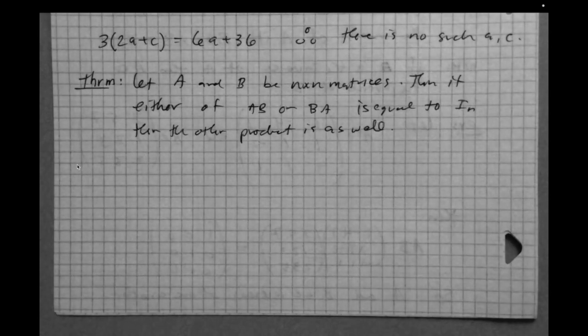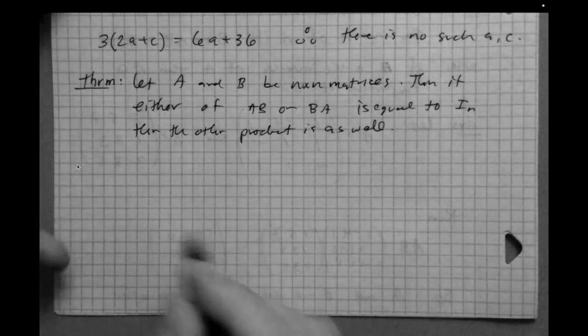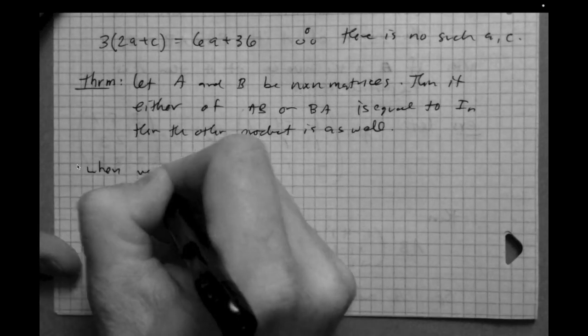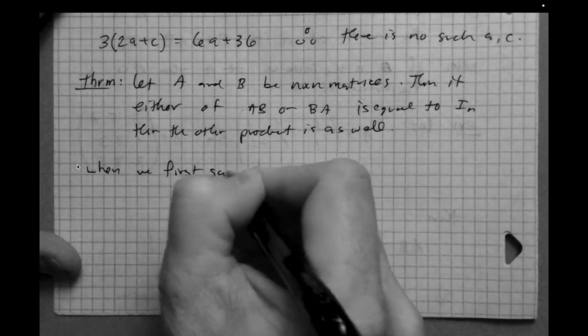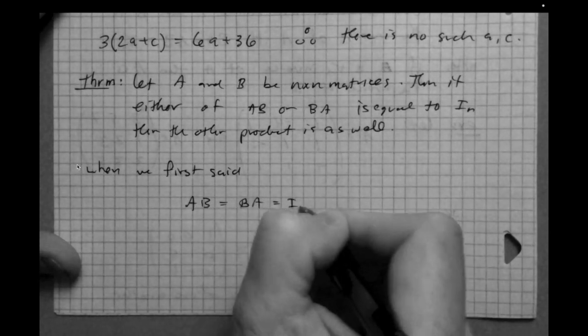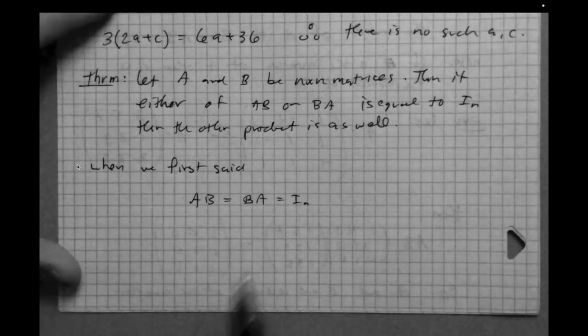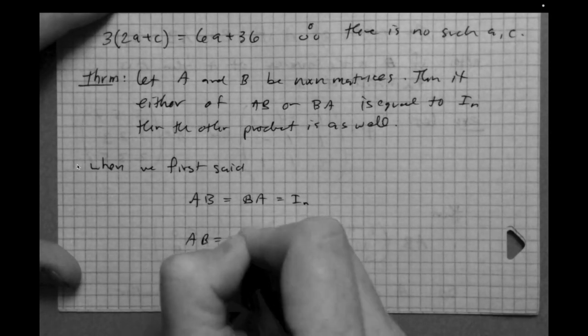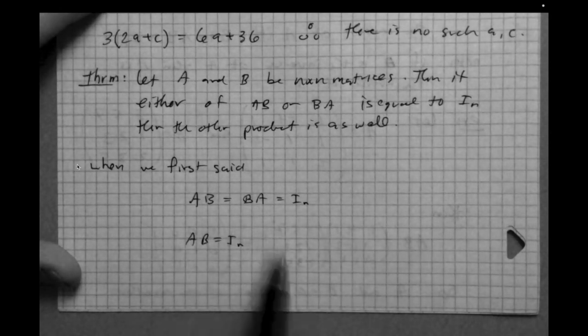Right, so when we first introduced the definition of an inverse, when we first said A times B equals B times A equals the identity, you may have thought to yourself, well, what if just A times B equals the identity, but not B times A?